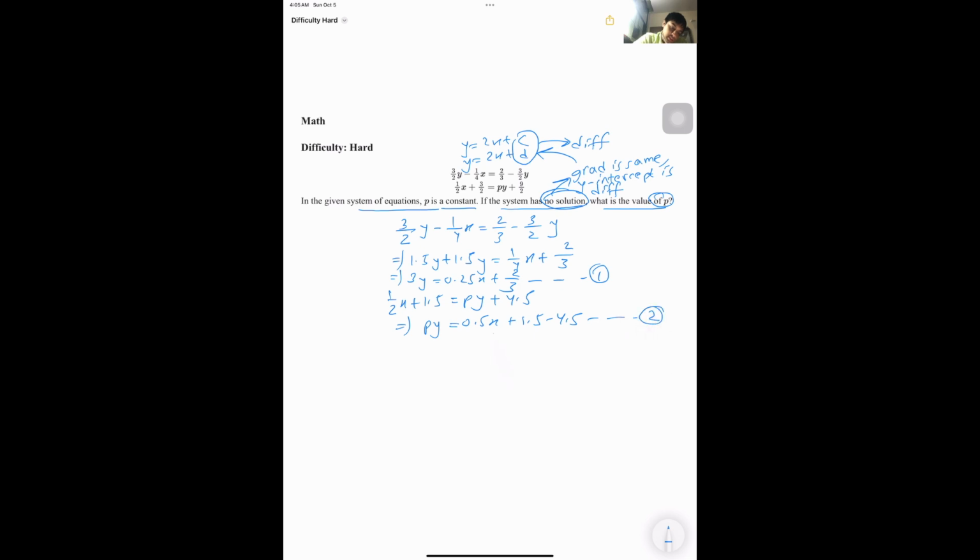Since the gradient is double in this equation, we will multiply the first equation by 2, and it will become 6y equal to 0.5x + 4/3, to give us equation 3.